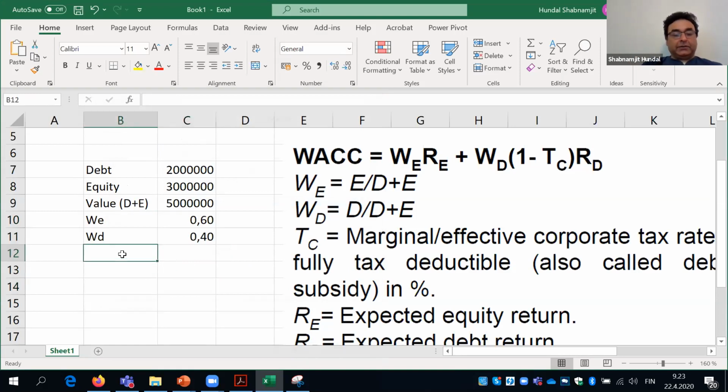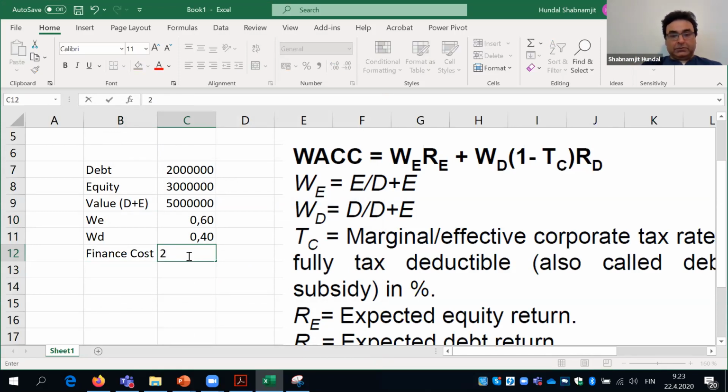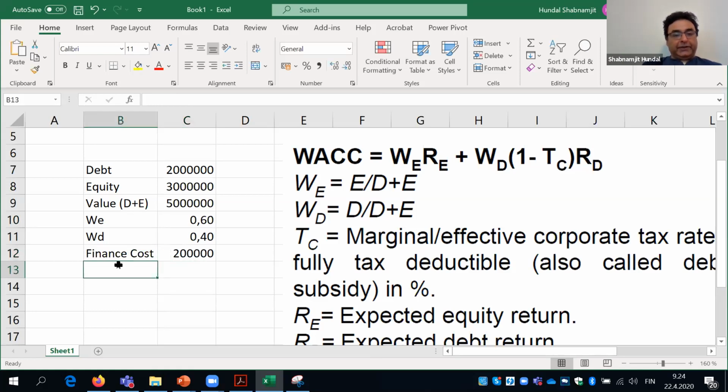Let's imagine the finance cost. Remember that the debt and equity come from the balance sheet. We know all these things, and then we calculate the finance cost. Let's imagine that the finance cost is 200,000, basically interest. And the profit before tax, let's call it PBT, is 1 million.